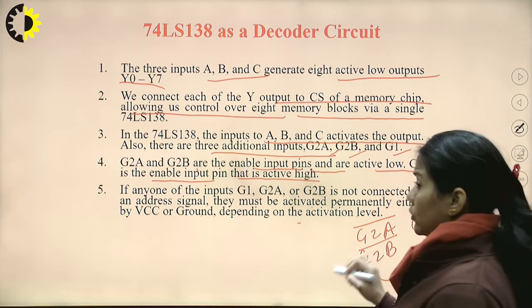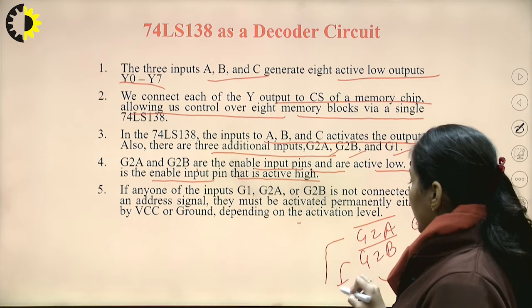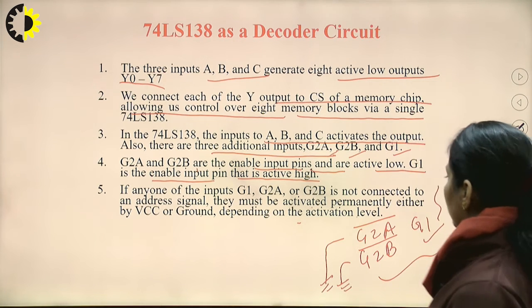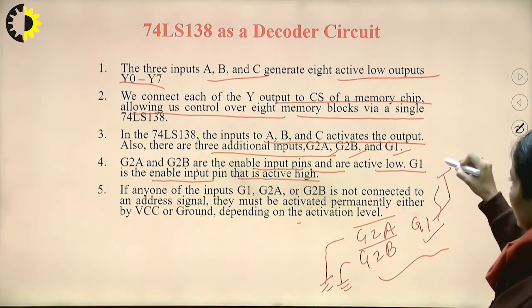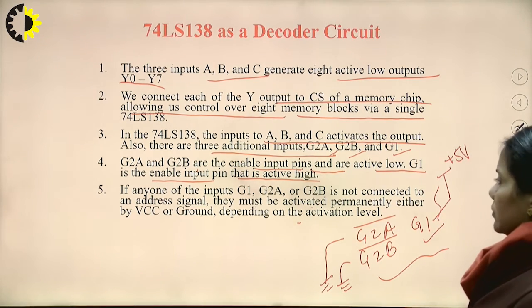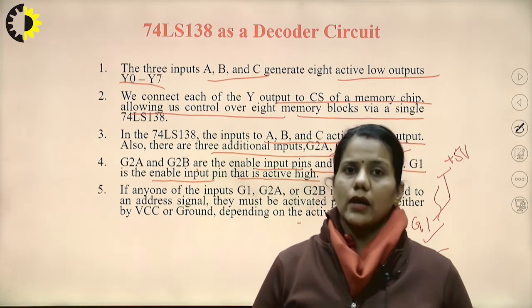Since this is active low, to activate it, it can be permanently connected to ground, and to activate this, it can be permanently connected to 5 volts. In this way, we can permanently activate these pins.